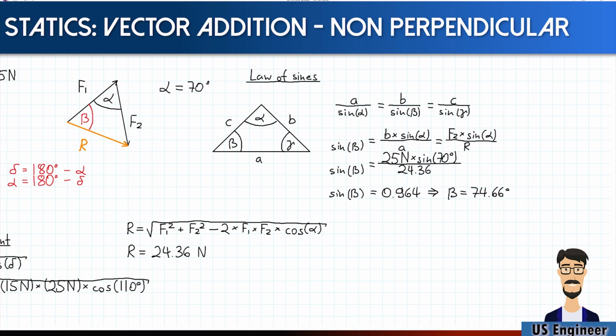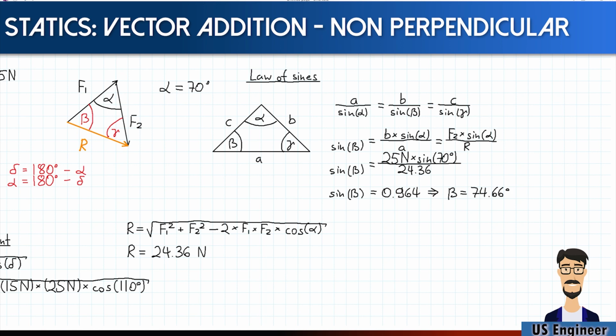And now the only angle left that we don't know yet is gamma. And to calculate gamma, there are two ways. Well, the first way is more complicated. You just apply this formula, but this time you include C and gamma, or you can simply take advantage of the knowledge that the sum of all angles in a triangle is 180 degrees.